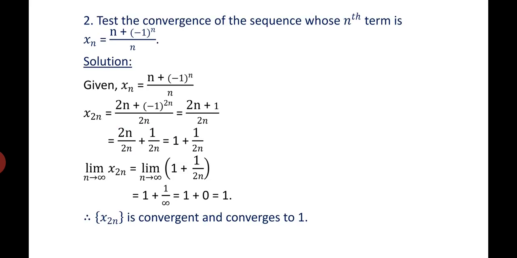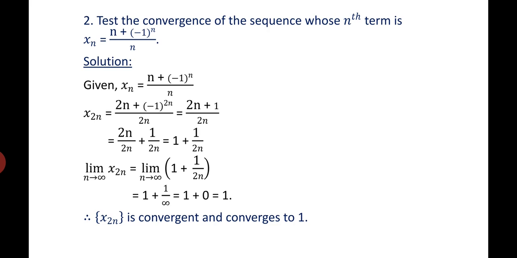The next problem: test the convergence of the sequence whose nth term is xn is equal to n plus (minus 1) whole power n divided by n. So let's write down x2n, replacing n by 2n. So x2n is equal to 2n plus (minus 1) raised to 2n divided by 2n.